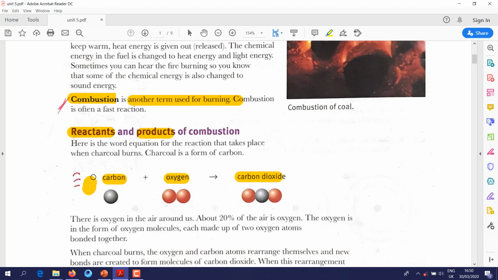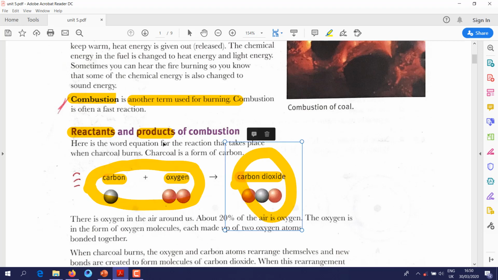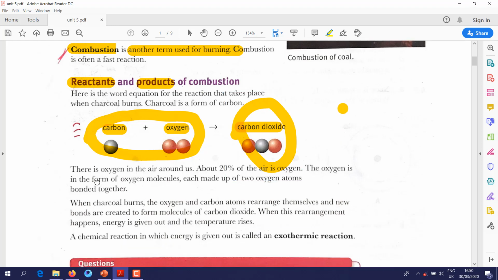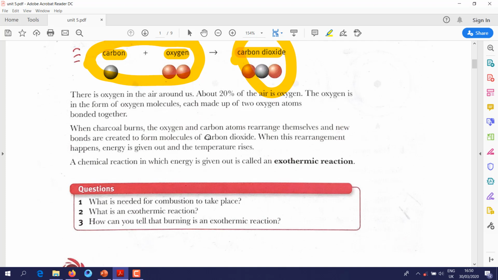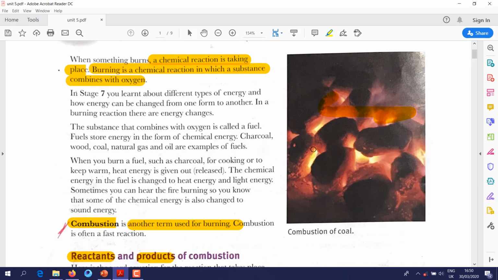So these two represent the reactants. This one represents the product. Again, as we said, combustion or burning is any chemical reaction in which a substance reacts with oxygen. Burn with oxygen.